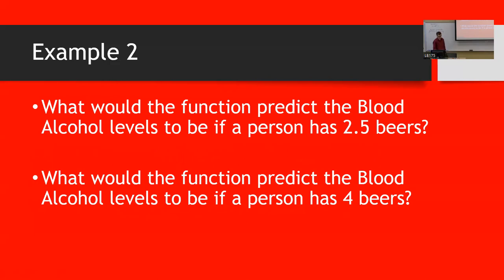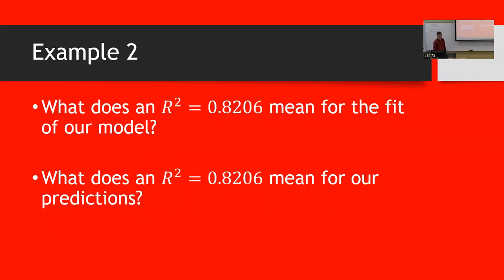And we predicted the blood alcohol level if a person had 2 beers and waited a couple hours. We did that with 4 beers as well. And 0.8206 means the model fits our data pretty well, and it means our predictions are going to be pretty good.